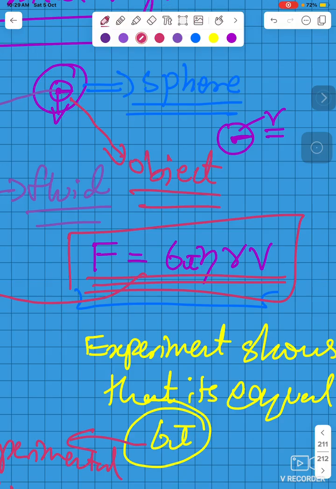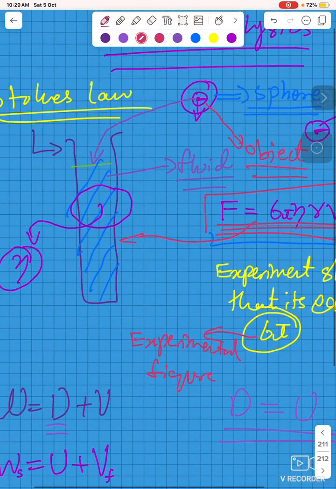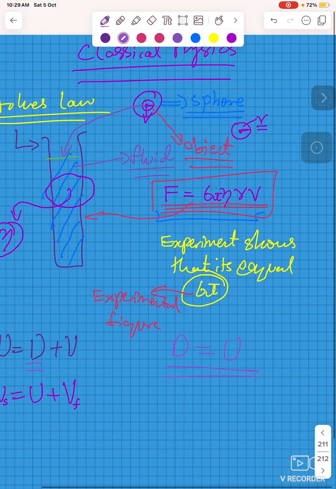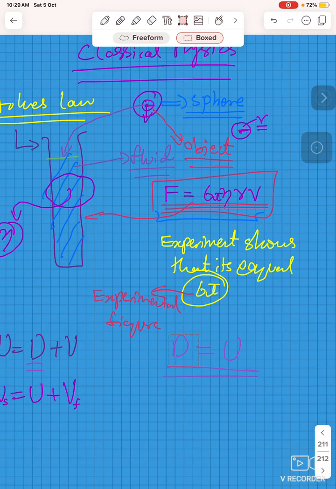In this, if we have this sphere and this sphere, let me make a difference which is clear.